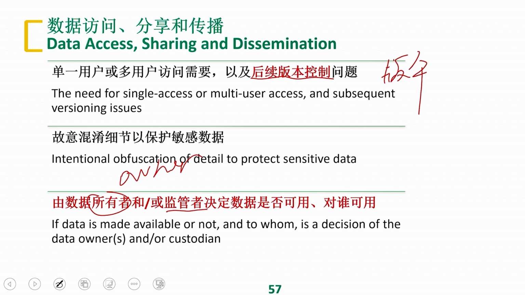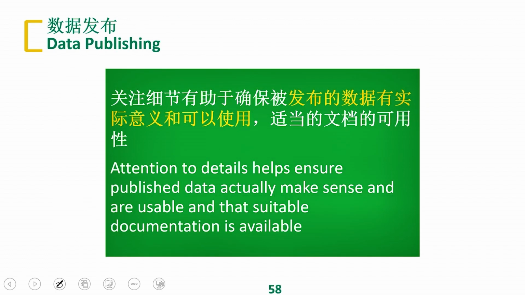These two personnel negotiate or discuss, then decide whether the data is available for use. One is from the perspective of data value, one is from the perspective of data security, including some legal compliance aspects. They define the authorization relationship. It's not that all people or anyone can access the data. This is very important. So this is the process of transmission and use.